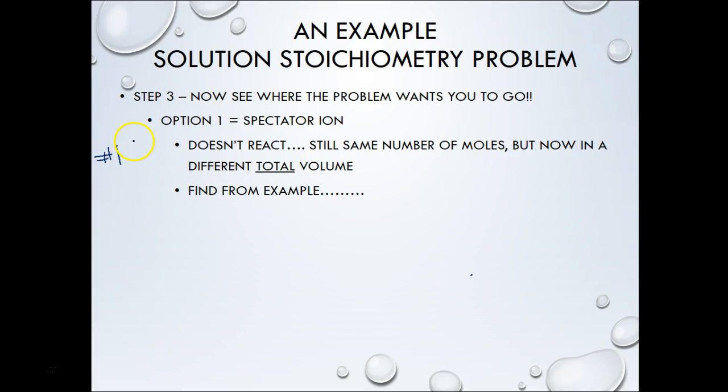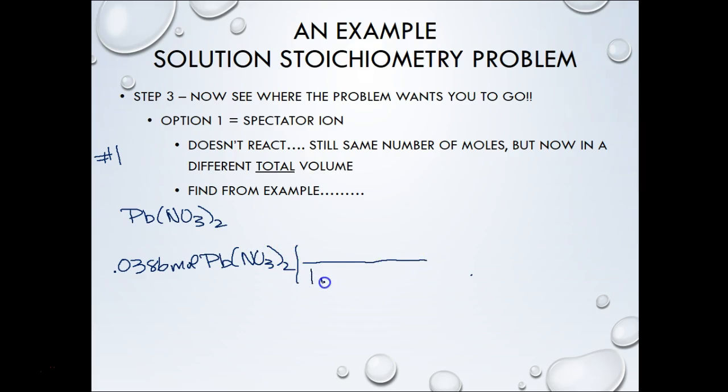Alright, so we're answering question number 1 from the first slide that we saw. And that problem is, what is the concentration of nitrate in the solution? Well, where is the nitrate? The nitrate is in the PbNO3 2. Well, we just calculated that there are 0.0386 moles of PbNO3 in that substance. So what we need to know is, how many moles of NO3 are there?